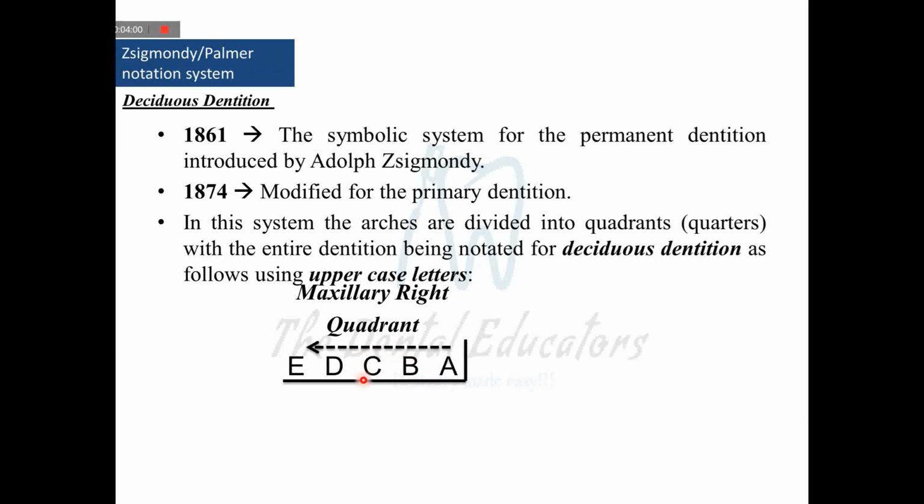Then for the canine, we write it as C, and for the first molar of the deciduous dentition, we write it as D, whereas for the fifth tooth in the upper right deciduous dentition, we mark it as E, that is the deciduous second molar. Now we can see that we always count the teeth from the midline in the distal direction, away from the midline. Okay, so it's going from A to E.